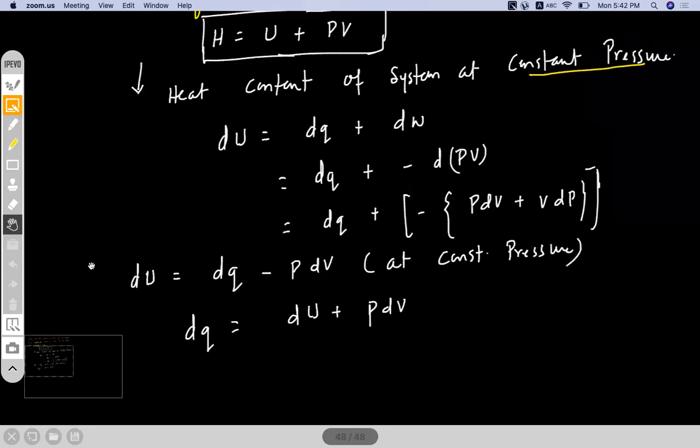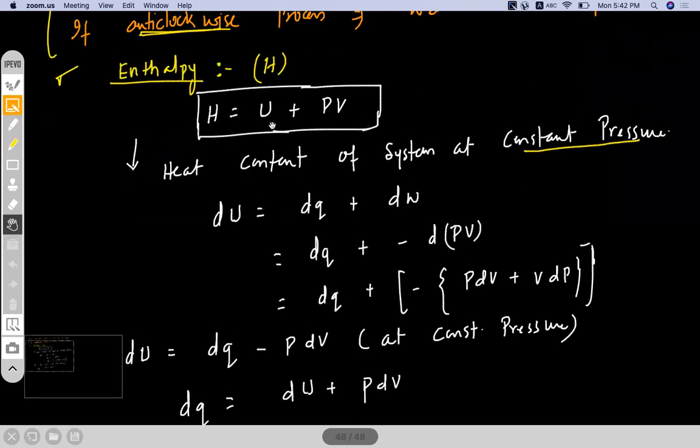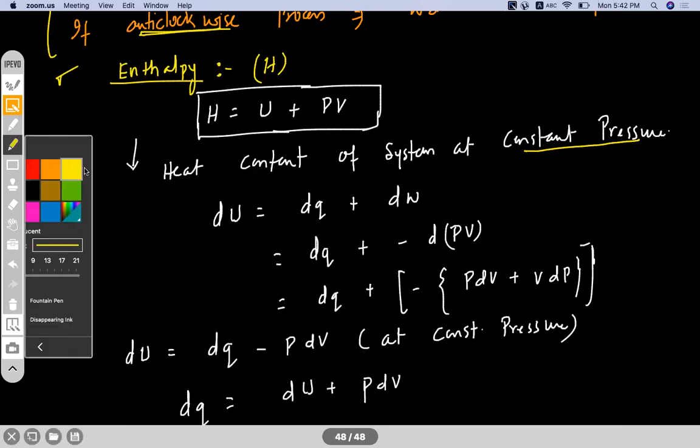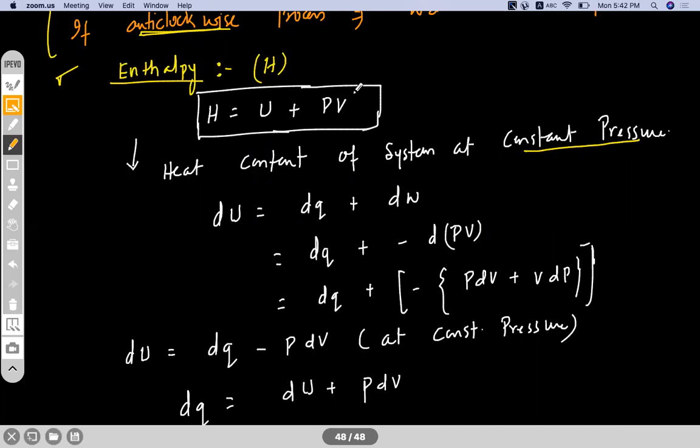If you see this expression, dU plus PdV is nothing but dH. So dH is equal to dU plus PdV at constant pressure.